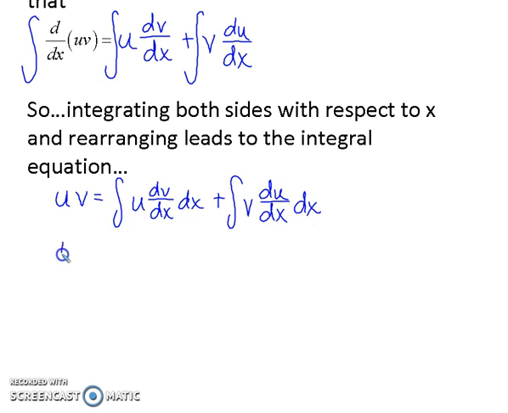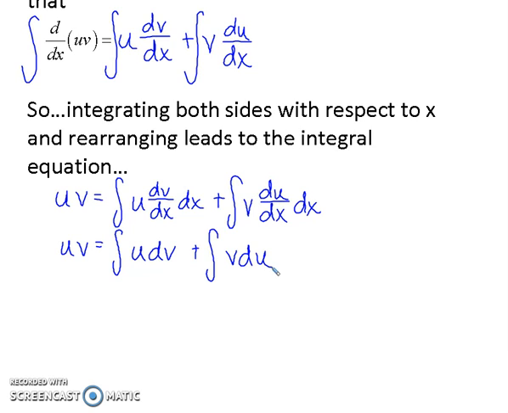So that would become u times v equals the integral. These dx's are going to cancel, so we just have u times dv, plus the integral of, again, these dx's are going to cancel, so it becomes v times du.